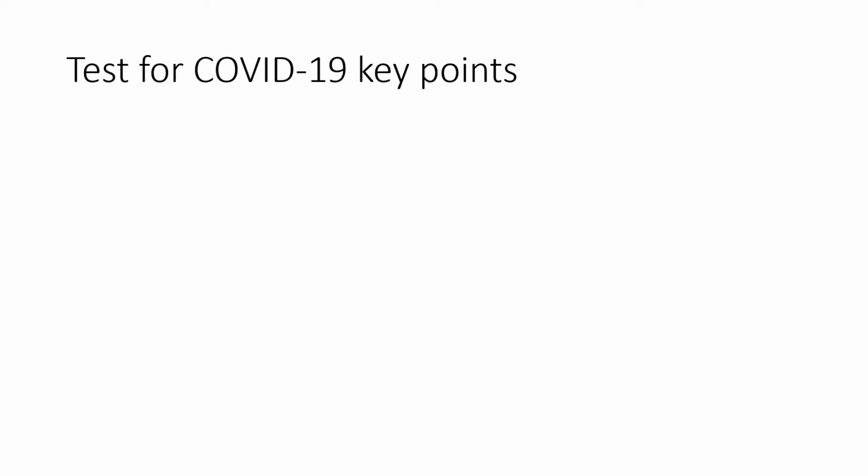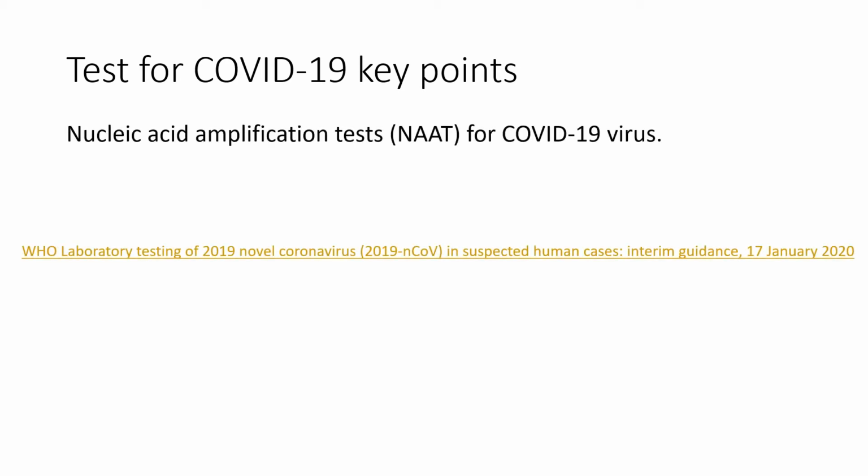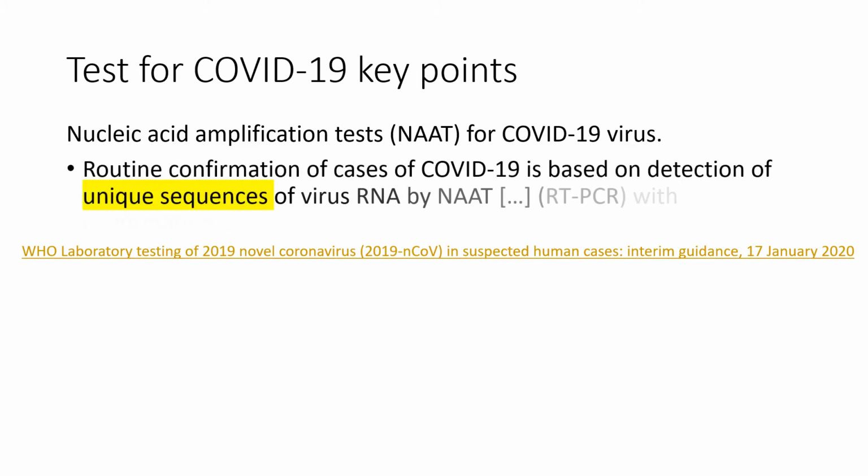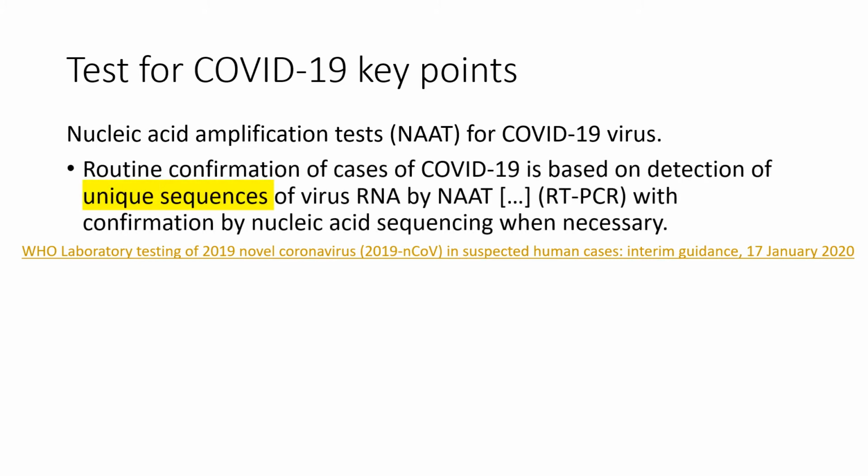So what are the key points on testing? When we have nucleic acid amplification tests for COVID virus, there are many different ways to do it. This is just one example using the PCR. But what is key is that the routine confirmation of cases would be based on using unique sequences of the virus RNA. So when we are able to use this kind of testing, this is the most appropriate.